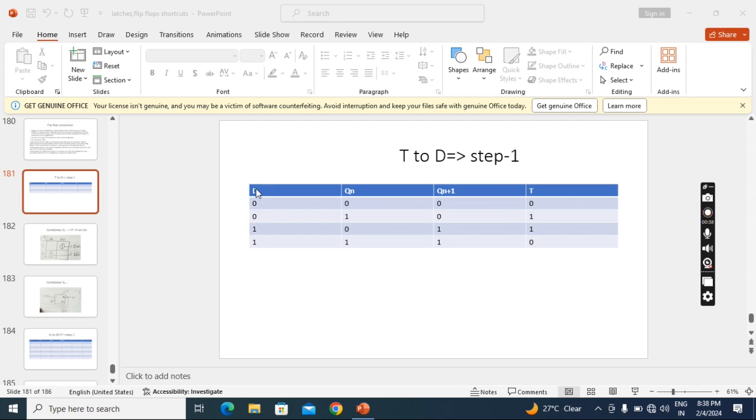So D, Qn, Qn plus 1 become the characteristic table of D. Qn, Qn plus 1 and T will become the excitation table of T. So here present state and next state will be common to both. This is step 1.